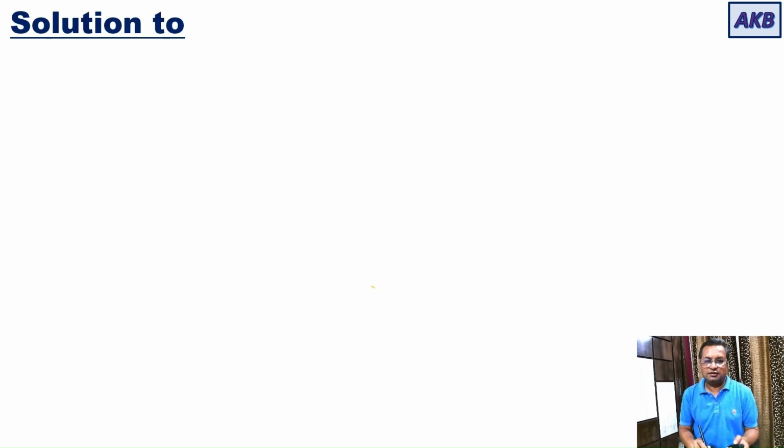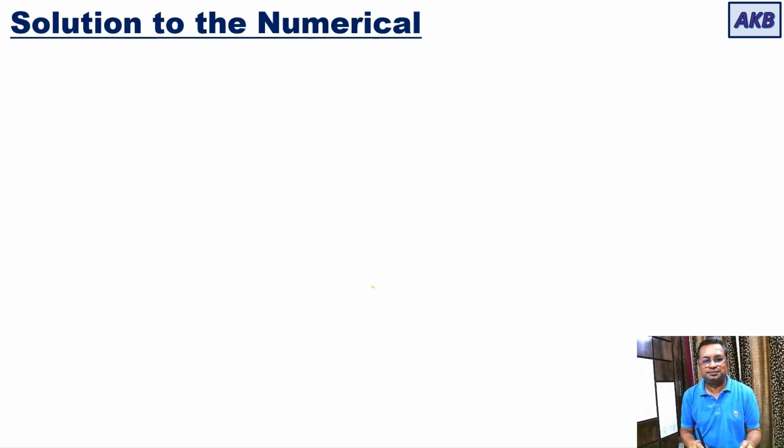Okay, now let us solve the numerical. Since we don't know the quantity or amount of feed, we have to start with a suitable basis. The most suitable basis is F equal to 100 kilomole. So we are going to do our calculations for a basis of 100 kilomole.